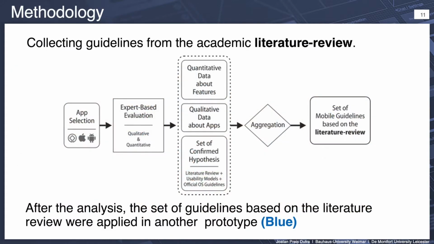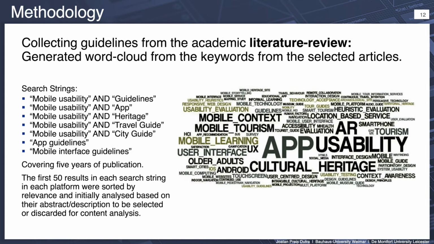And then we also collected another set of guidelines that was based on academic literature review, and what studies are talking about, which is the best way to deal with app guidelines or usability or tourist guides.